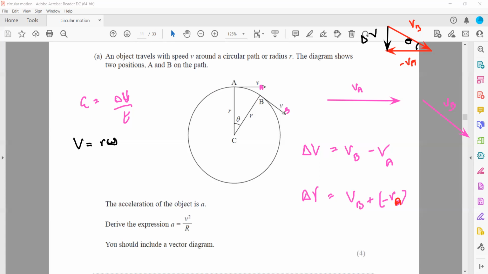And what about omega? Omega is equal to theta, the change in angle, divided by time. So in place of omega, we can write change in angle, or delta theta divided by t. So V is equal to R delta theta divided by t.